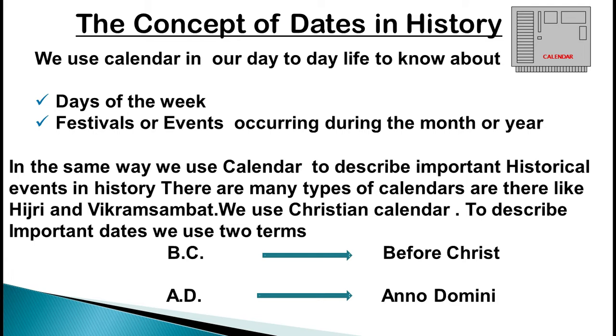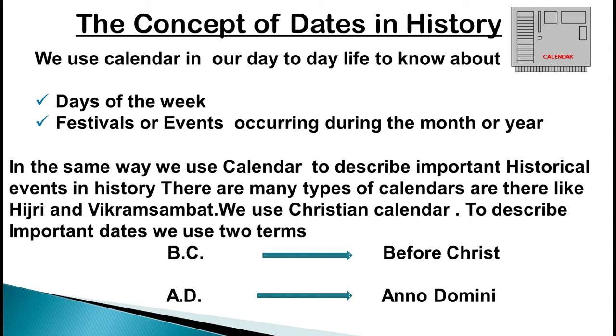In the same way, we use a calendar to describe important events in history, and there are many types of calendars, like the Hijri calendar and the Vikram Samvat calendar, but we use the Christian calendar to describe historical dates. To describe important dates, we use two terms. One is called BC, which stands for Before Christ, and the second term is AD, which stands for Anno Domini.